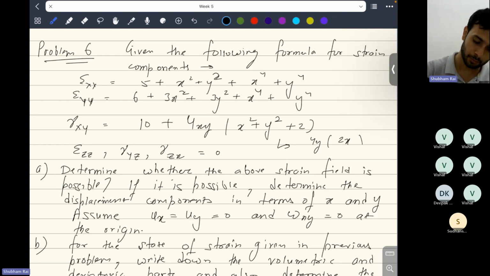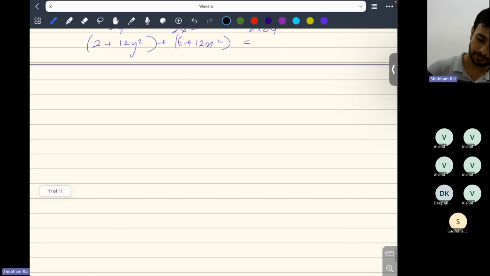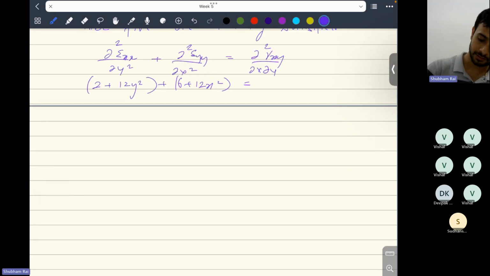Oh yeah, you have to apply the product rule also. Anyway, let me differentiate it explicitly. Let me first do ∂γxy/∂x.